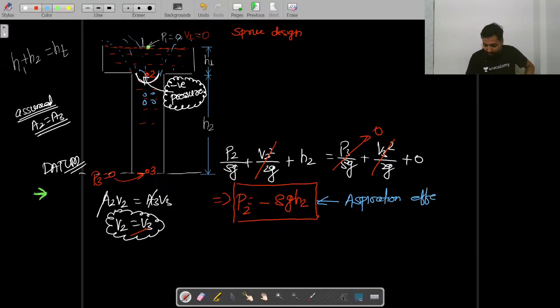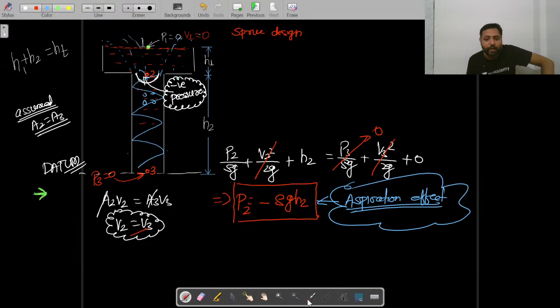That means to avoid this aspiration effect, what will have to be done? We will have to change the cross sectional area in such a way that pressure throughout this sprue remains constant, isn't it? Then only that aspiration effect will not take place, and that is why we actually change the cross sectional area of the sprue.